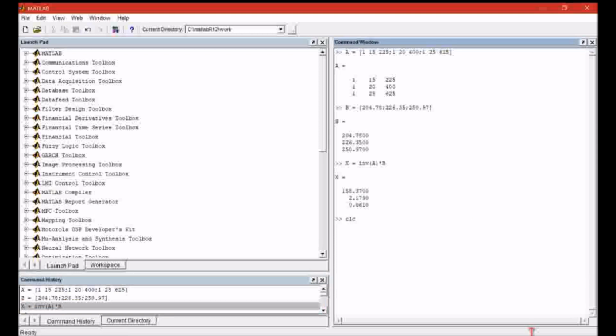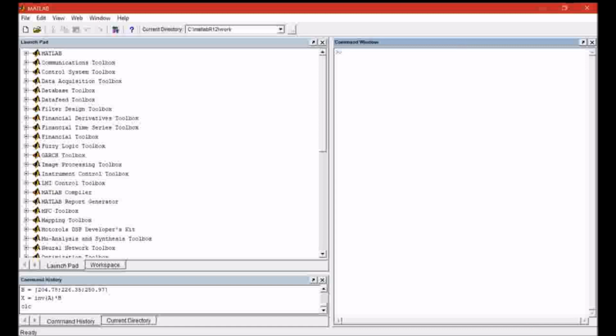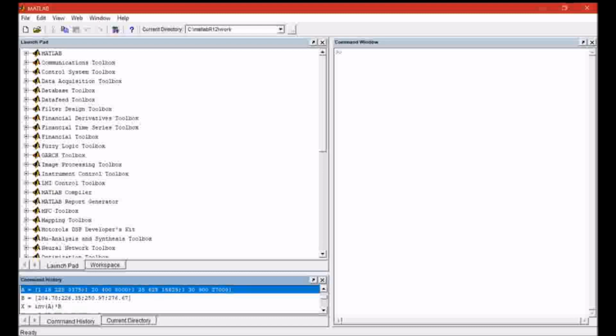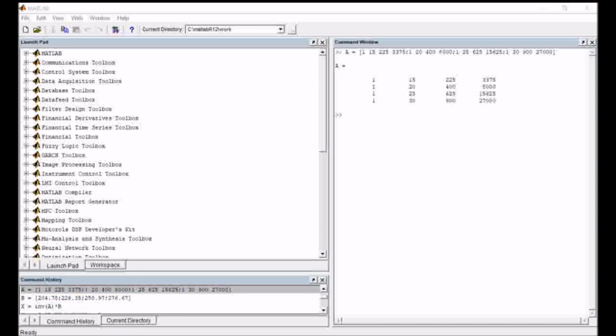So we'll clear it. And for the cubic part, here, you need to type everything manually. This is just in my command history because I already solved for this. So again, just write the A matrix like this, horizontally per row. So 1, 15, 225, 3375. As you can see, that is that part, this part, so on and so forth.